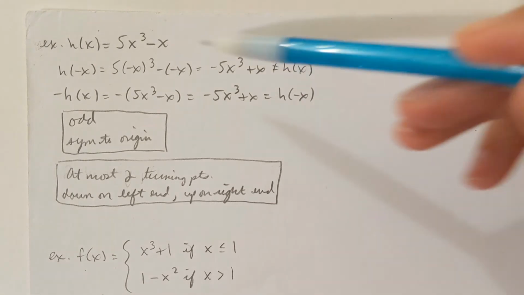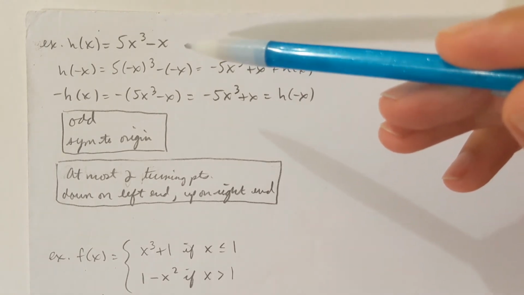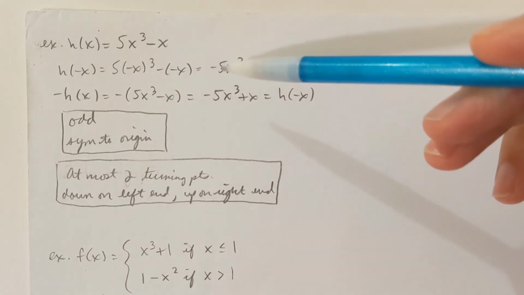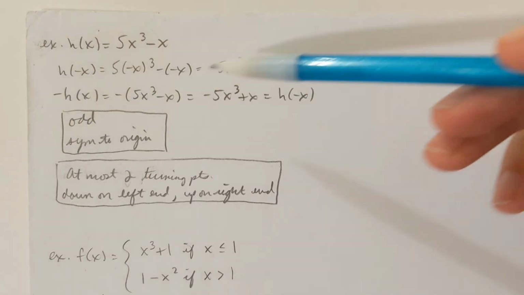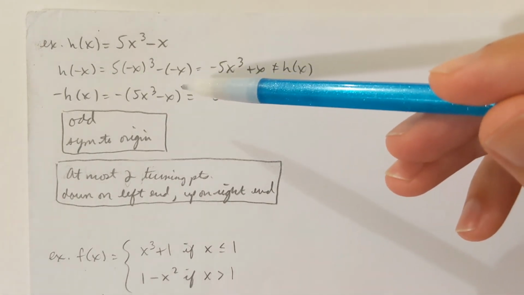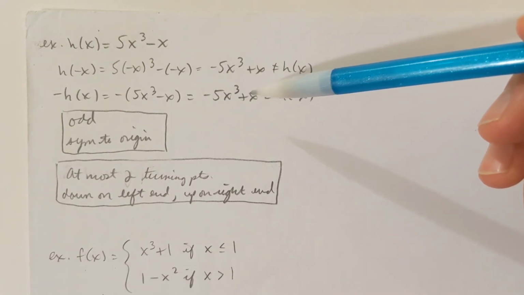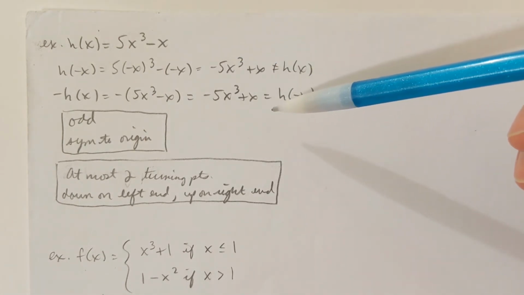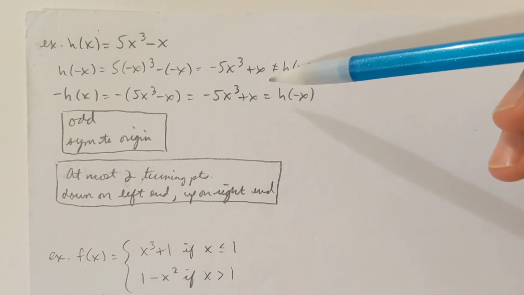And that's not the same as h of x, because the signs are different there. However, negative h of x is negative the whole thing, 5x cubed minus x, that'd be negative 5x cubed plus x. And these are the same.